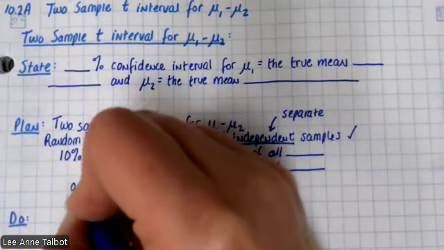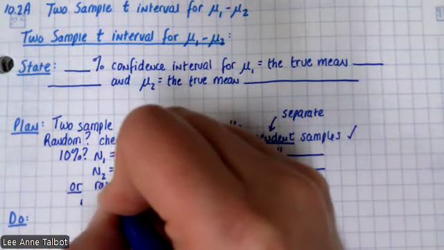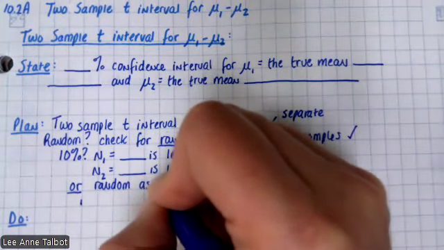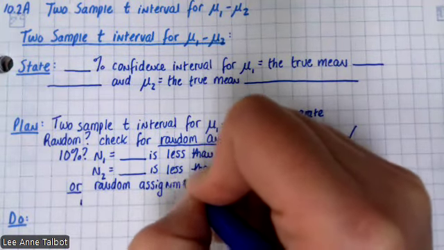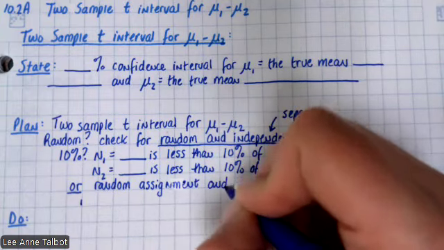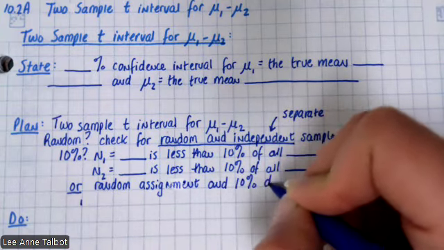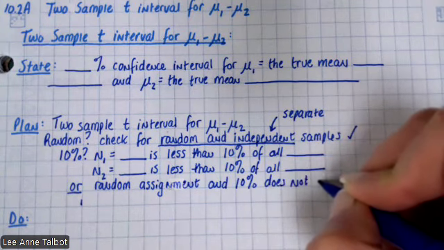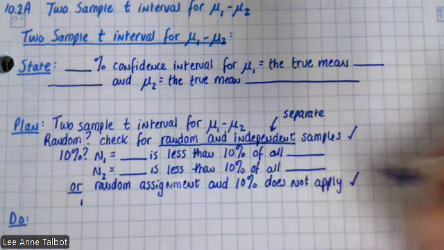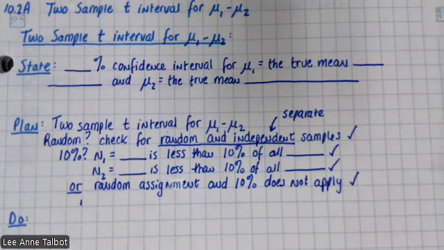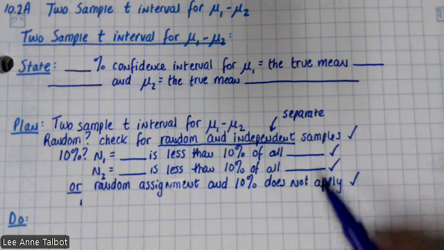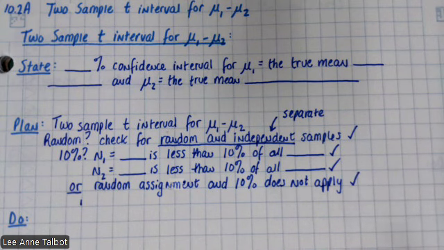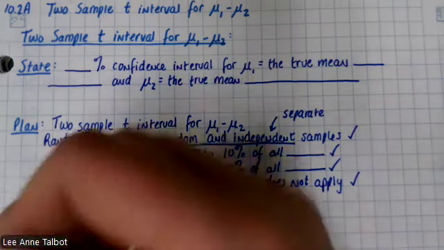Or. So either you have to do it separately or there's random assignment in the problem and you don't have to do it at all, which we like better because we're lazy. I mean, at least I am. I don't know about you guys.